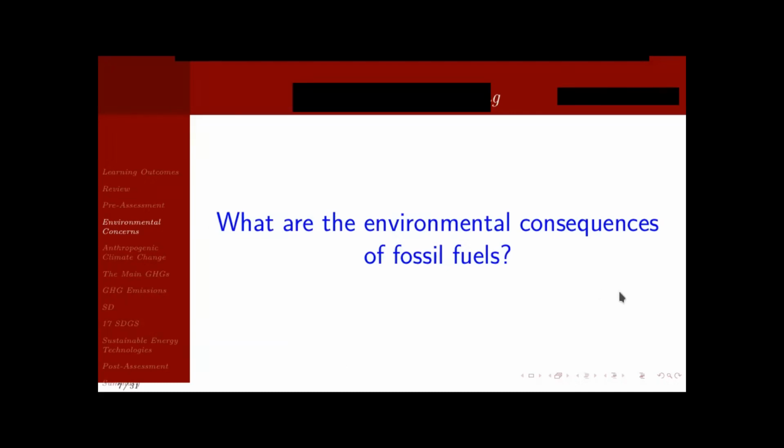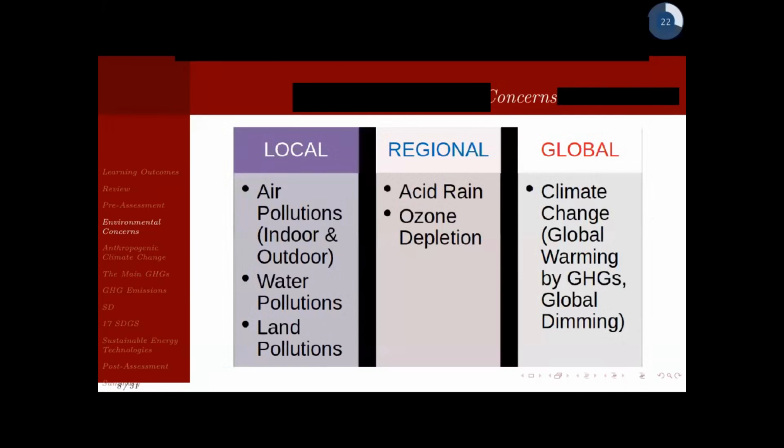Okay, no problem. I want to show you more information from a credible source. But before that, I want to categorize different environmental concerns under three broad headings, which are basically local, regional, and global.